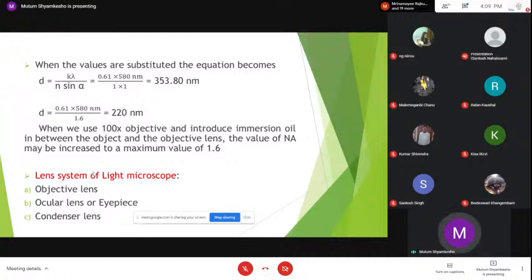And thus you see the light microscopes, their minimum limit of resolution is only around 200 nanometers. And it cannot be improved because it is governed by the wavelength of the illuminating ray.